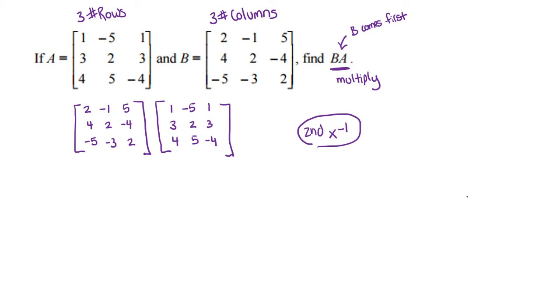I want you to arrow over twice to edit. And this is our B. So we have to remember that this is our B. So go down to B and tell the calculator that you have a 3 by 3 matrix.